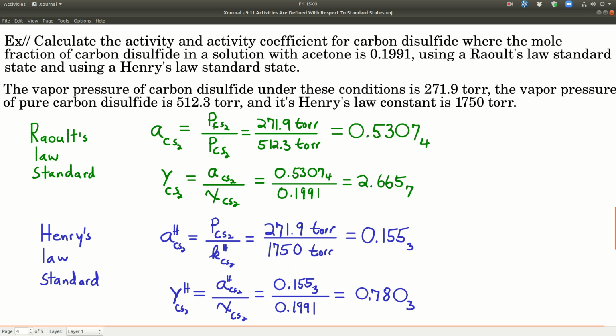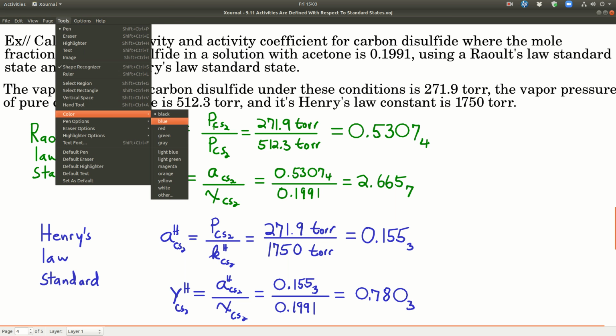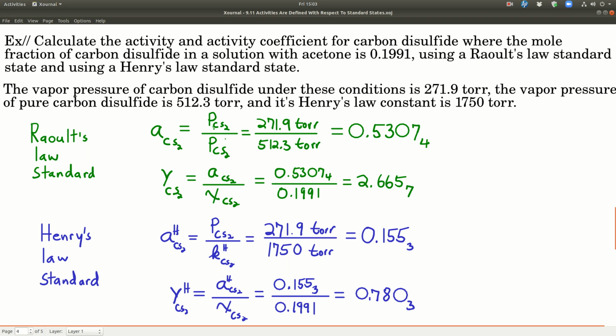So to find the Raoult's law standard activity, just use the definition. This should be the pure substance right here. And plug it in, we get this number, 0.5307, and the activity coefficient is this activity that we just got divided by the mole fraction, which is this right here, which gives us 2.6657 or so.